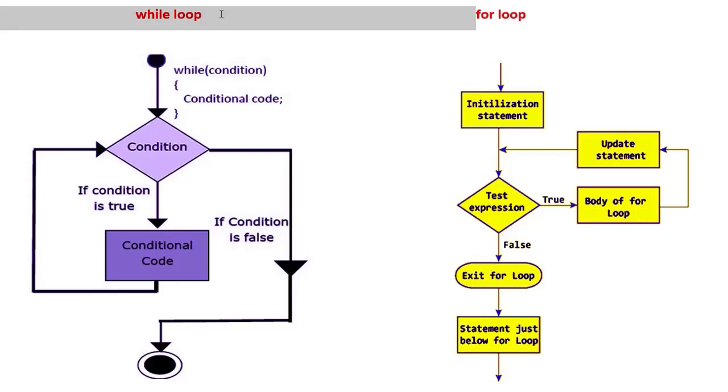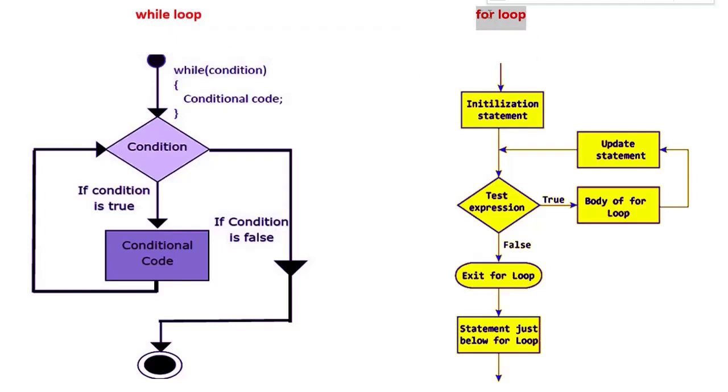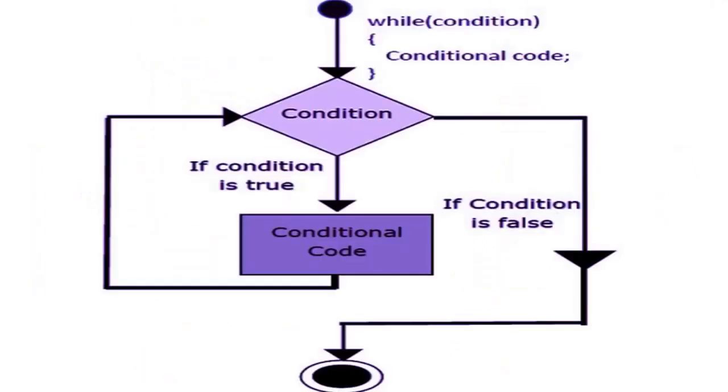Now the while loops are also called indefinite loops because the statements are executed until a logical condition remains true. But for loops are called definite loops because statements are executed for a definite number of times. Now let's understand while loop in detail.